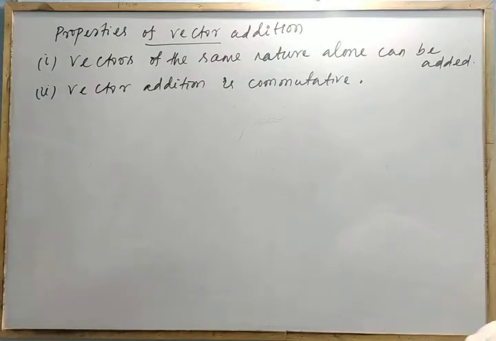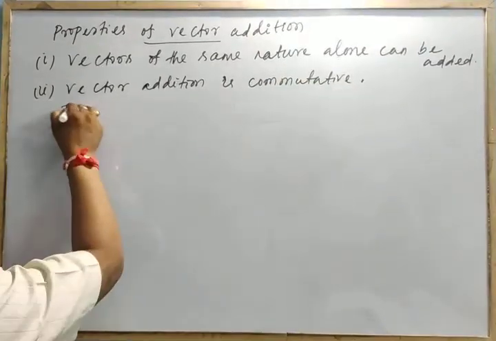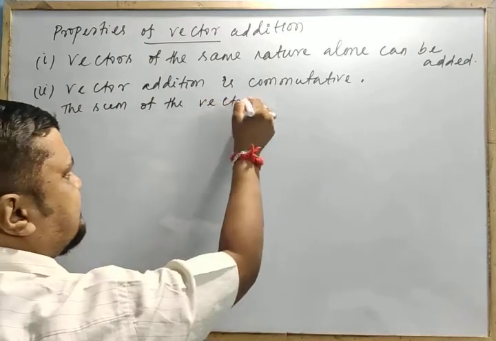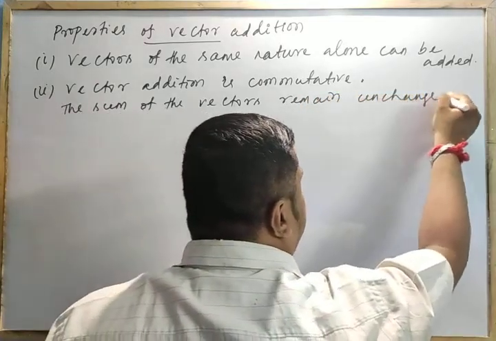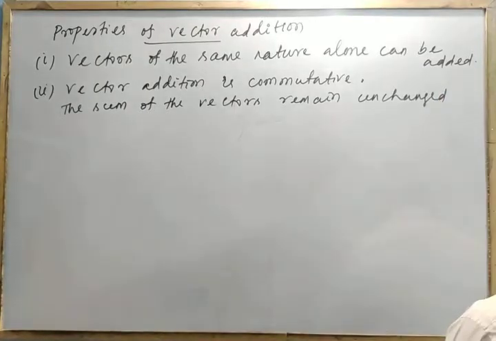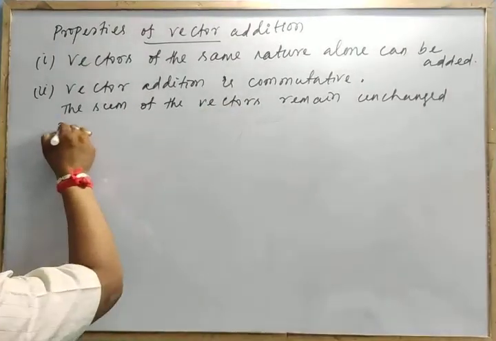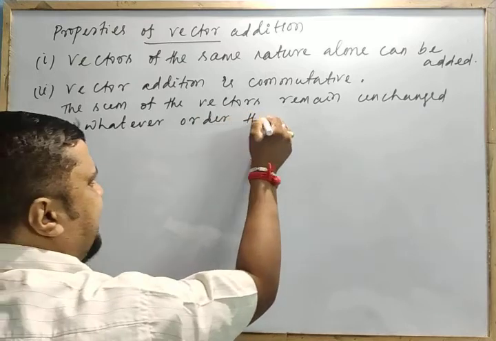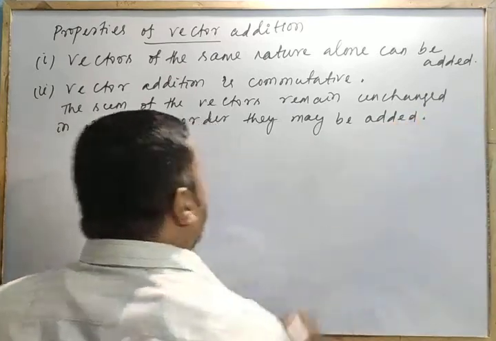Commutative means the sum of the vectors remains unchanged in whatever order they may be added.